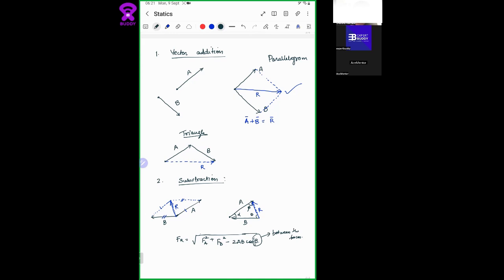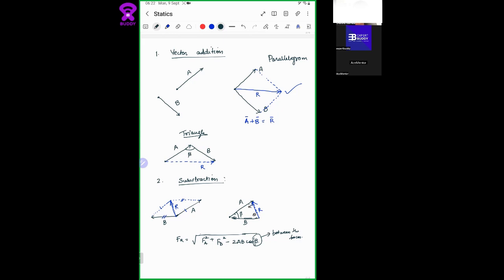Yes, it should be between A and B. I think we have to slightly modify the diagram. Between A and B, in this case, it will be here.